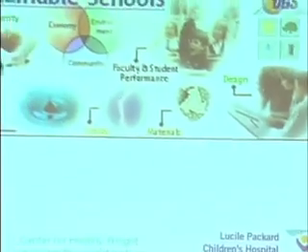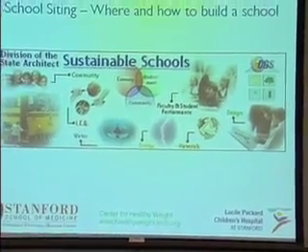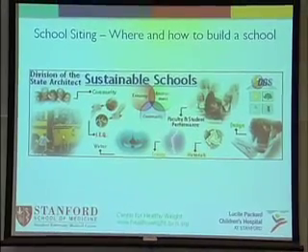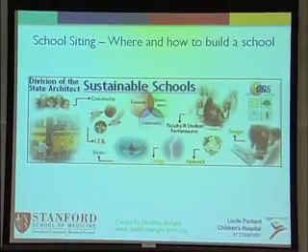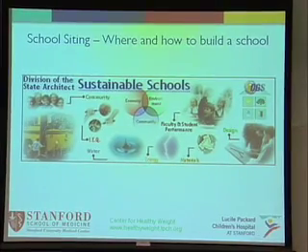Let's talk about the built environment first, and specifically about schools. Until I'd really gotten into this about 6 months ago, I had never thought of siting as a verb, but school siting is this idea of where you put a school, where you build new schools. This is a screenshot from the state of California that talks about sustainable schools.